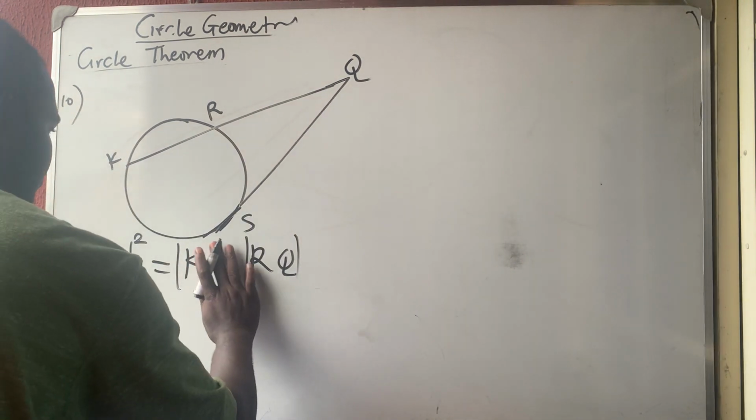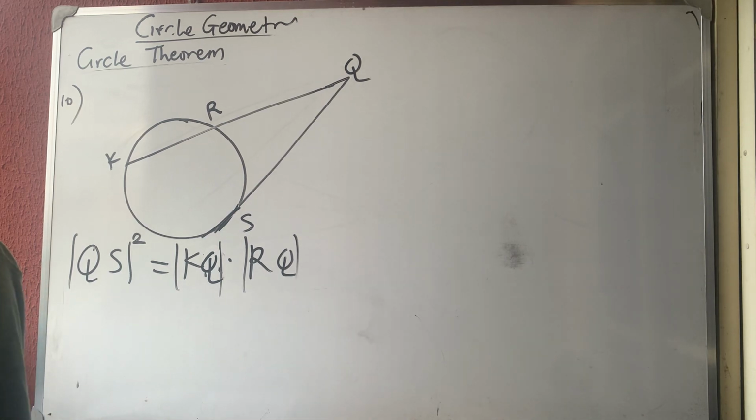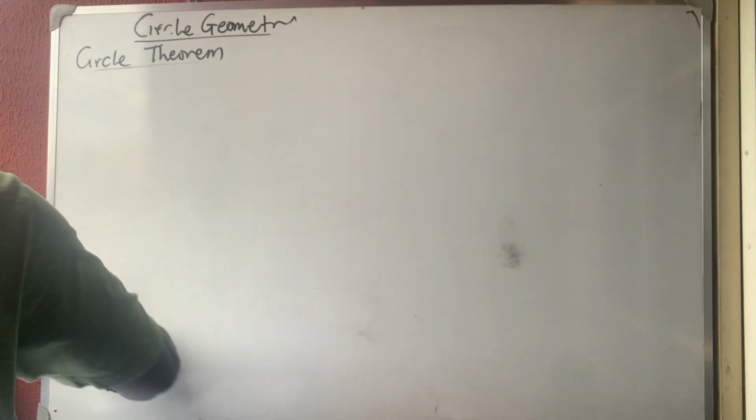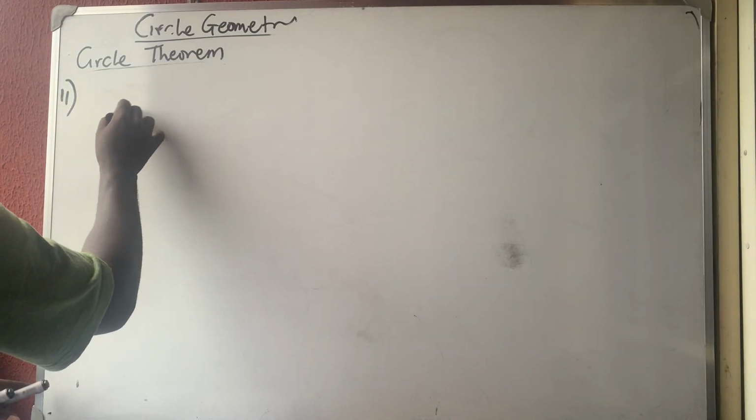KQ, not KR. KQ times RQ. So then the last but not the least, number 11. Then in our next video we start solving problems.